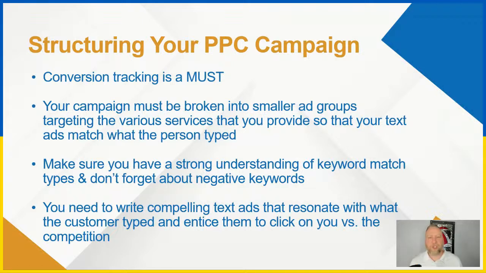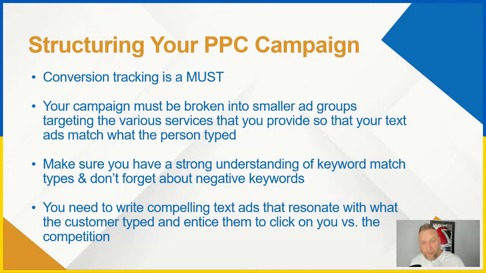So a couple things that you need to know. Conversion tracking. We haven't really talked a lot about this, and we'll cover this in a little bit here. But when you're creating ads and you're spending money, it would be really nice to know if that money is well spent or a waste of time, right? The only way to do that is to have something in place called conversion tracking so that you can see, okay, this person came through an ad, they clicked on the set appointment and they set an appointment, right?